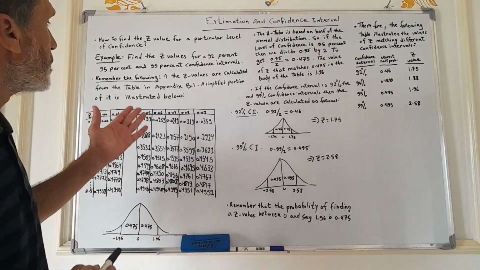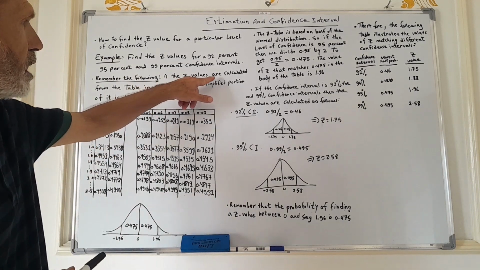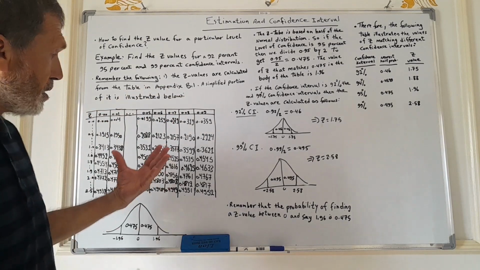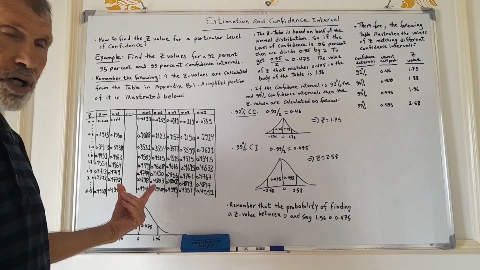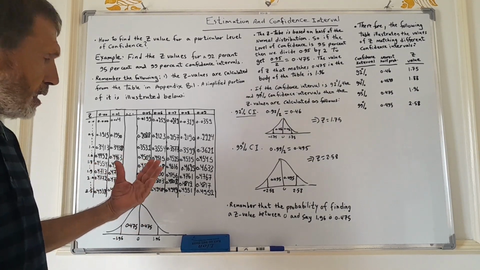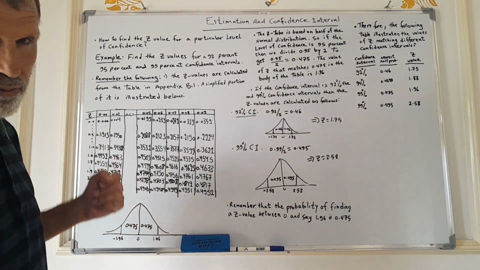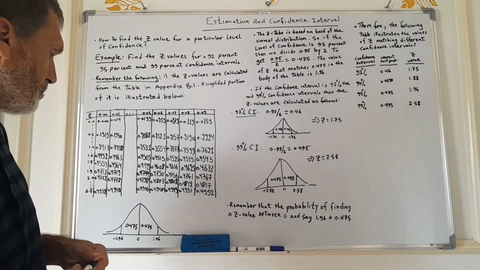So remember the following: the z-values are calculated from the table in appendix P1. Here we have a simplified portion of that big table in appendix P1.